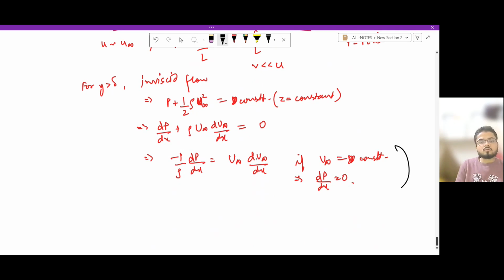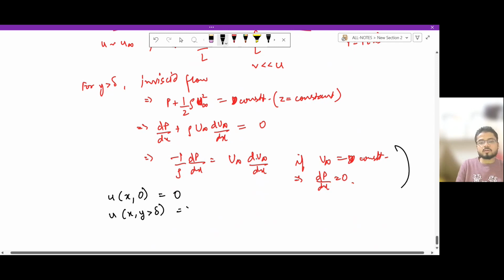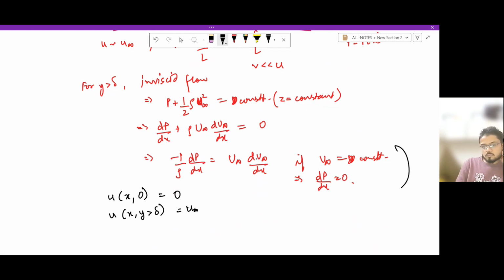And what are the boundary conditions? You have u at (x, 0) equal to 0. You have u at (x, y) for y greater than or equal to delta equal to u infinity.